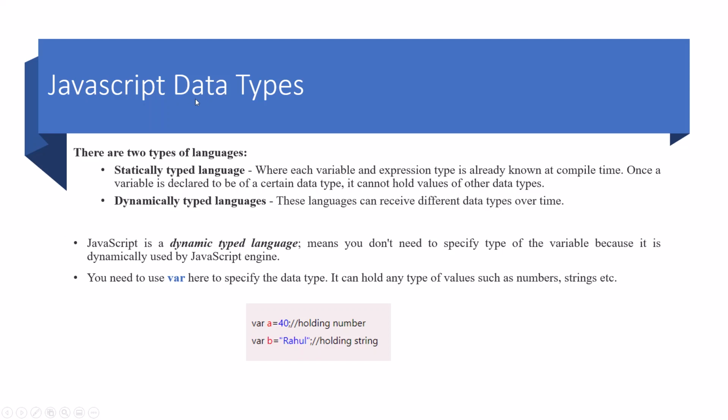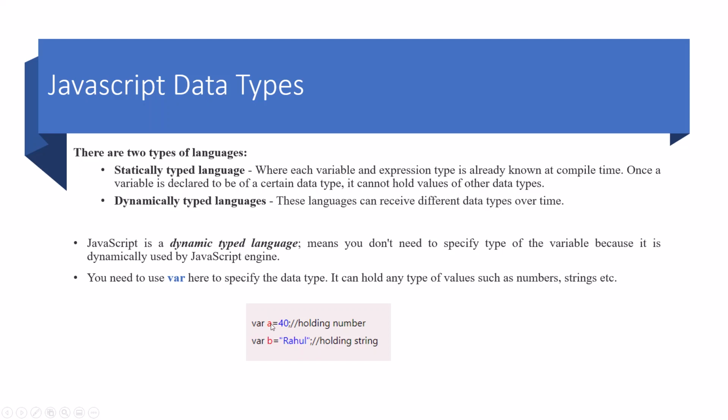JavaScript is called a dynamically typed language because you don't need to specify the type of a variable, because it is used dynamically by the JavaScript engine. For example, if we use the var keyword to specify the data type, it can hold any type of value such as number, string, etc. Two examples are given here.